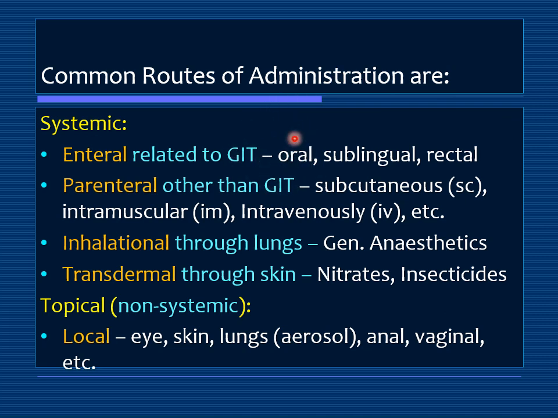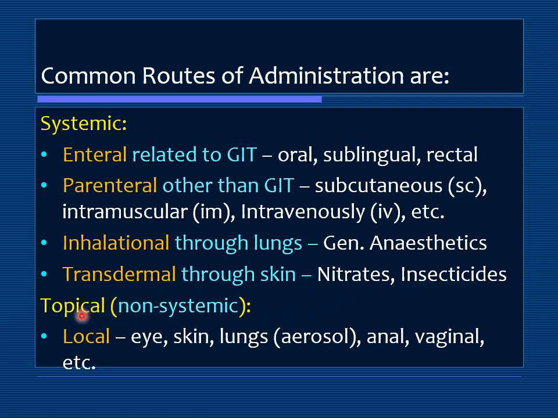Enteral: oral through mouth, sublingual means under the tongue, rectal means, as I've told you, through the rectum. Parenteral, other than GIT, through syringe: subcutaneous, intramuscular, intravenous. Through lungs, the inhaler we have already seen, and general anesthetics also. Through skin, as I have told you, nitroglycerin, one of the nitrates, a few insecticides, and nicotine, etc.